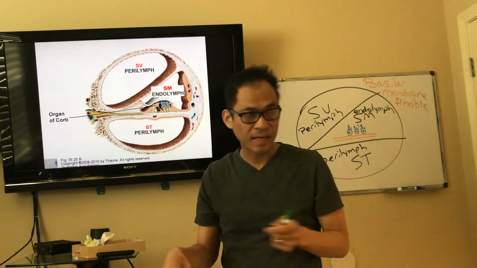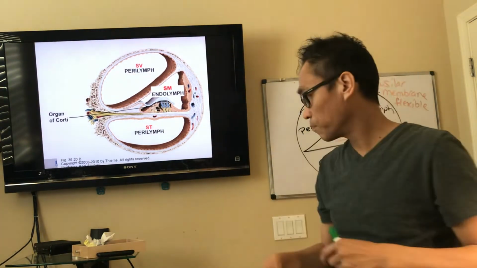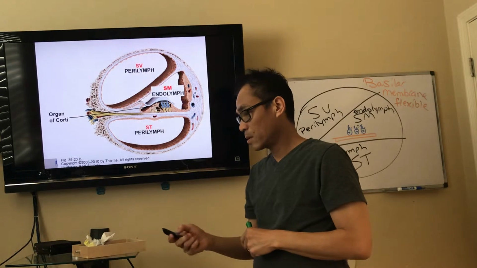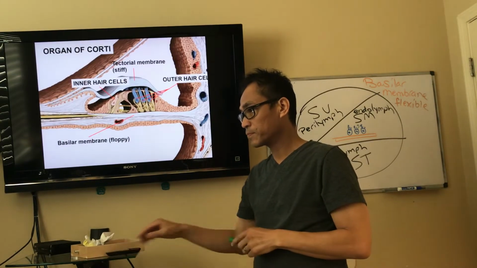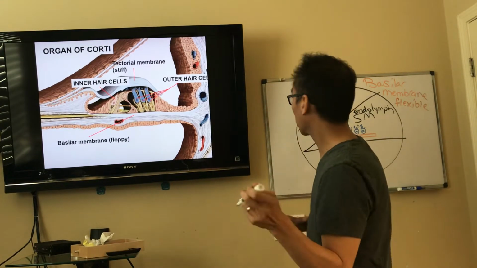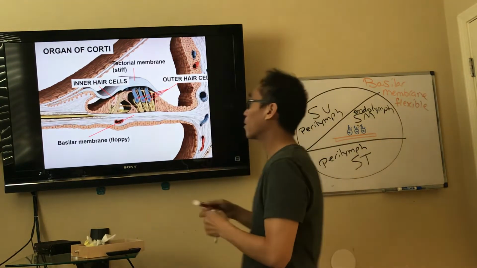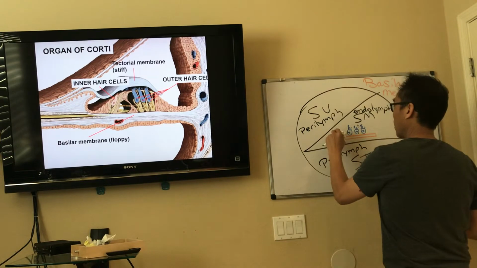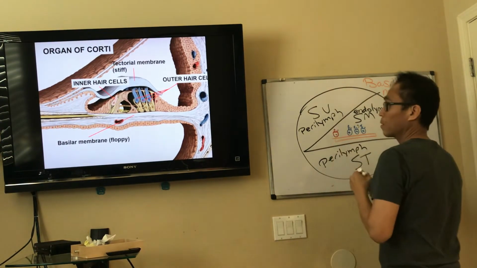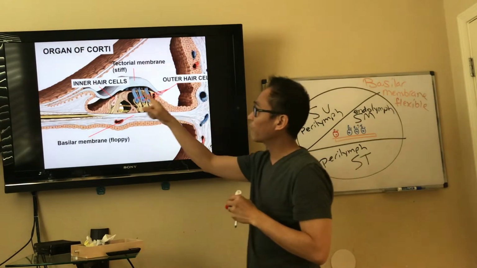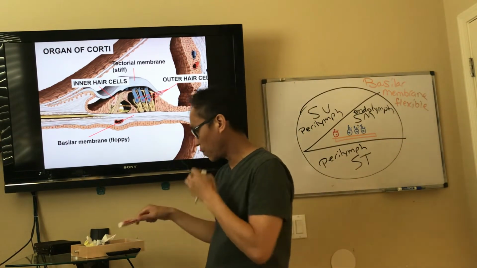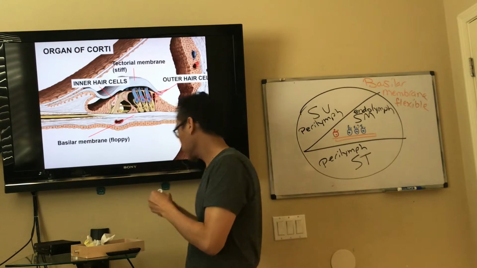And let me advance the slide so you can see it labeled. There's outer hair cells. Let me draw an inner hair cell there. Well, anyways, they're all covered by this stiff tectorial membrane going over the top.